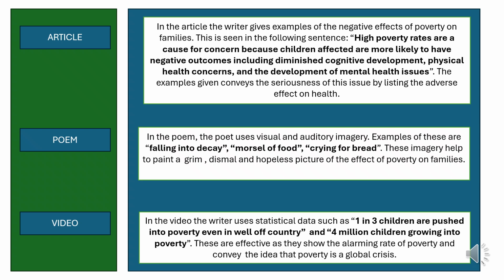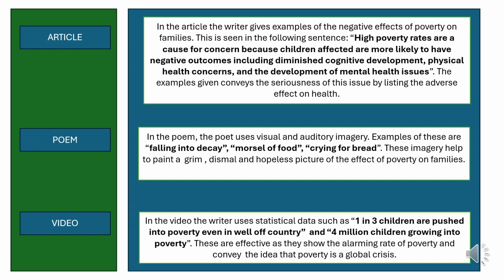High poverty rates are a cause for concern because children affected are more likely to have negative outcomes, including diminished cognitive development, physical health concerns, and the development of mental health issues. The examples given convey the seriousness of this issue by listing the adverse effect on health. So you know, cognitive development diminished, physical health concerns, and the development of mental health issues.